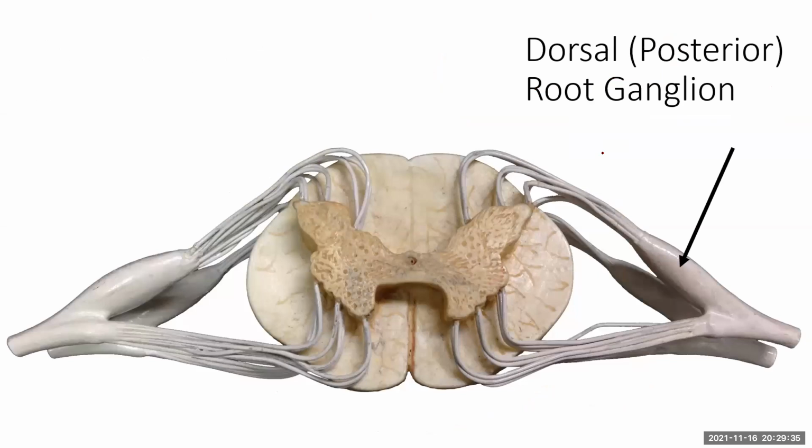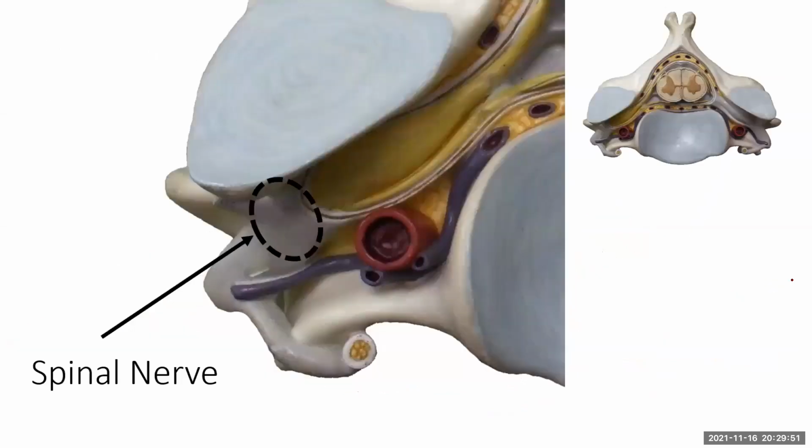All right, here you can see it a little bit better, the dorsal root ganglion or the posterior root ganglion with this model here. You can see that little swelling there just before we get to our spinal nerve over here. Speaking of the spinal nerve, there it is. The spinal nerve is going to be just distal to our posterior root ganglion.